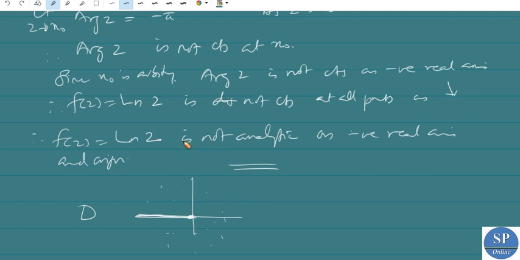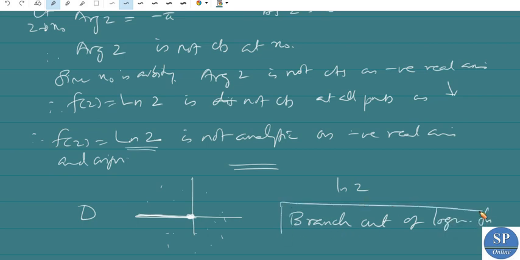Okay. Now we know that since ln of z here is the principal branch, the name we give to this line is the branch cut of ln of z. Since it is the principal branch, capital ln of z is the principal branch of ln of z. So this portion that we excluded is called the branch cut of the logarithmic function, that is the non-positive real axis. It is called the branch cut of the logarithmic function.